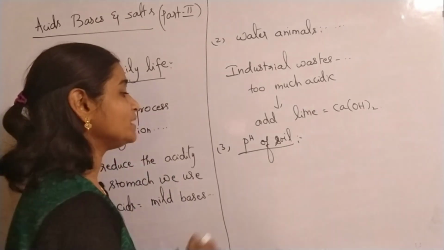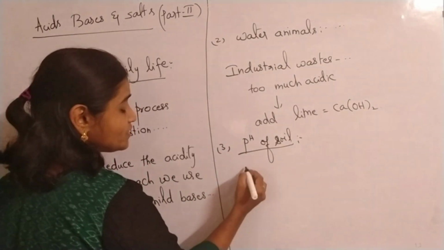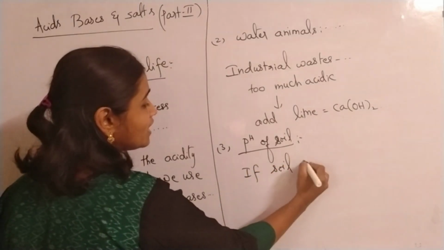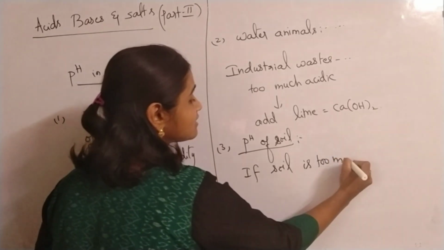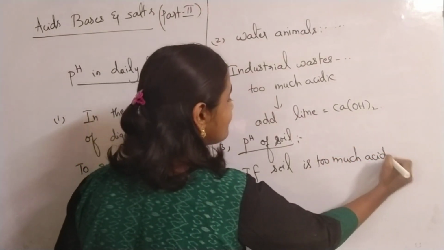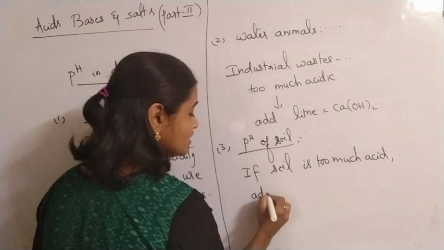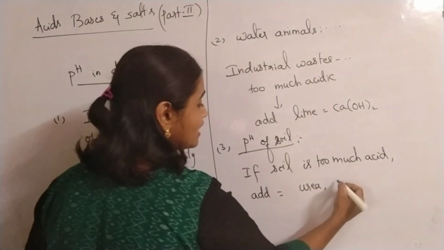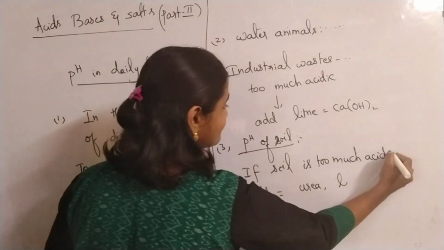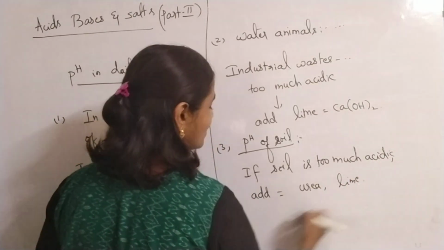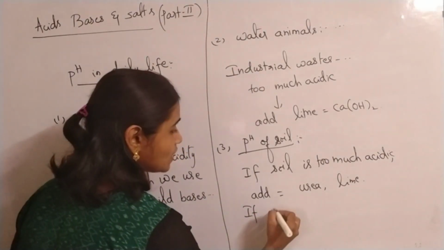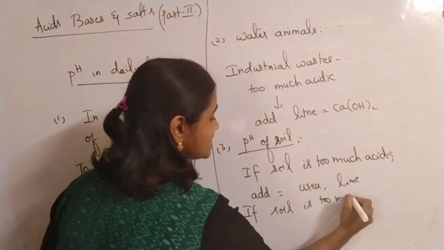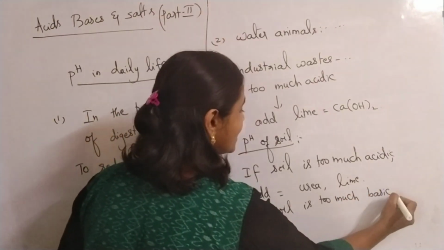So for pH of soil, what you have to learn is this: if the soil is too acidic, then what you have to add in order to neutralize it? You have to add urea and lime. Suppose the soil is too basic, then what you have to add?